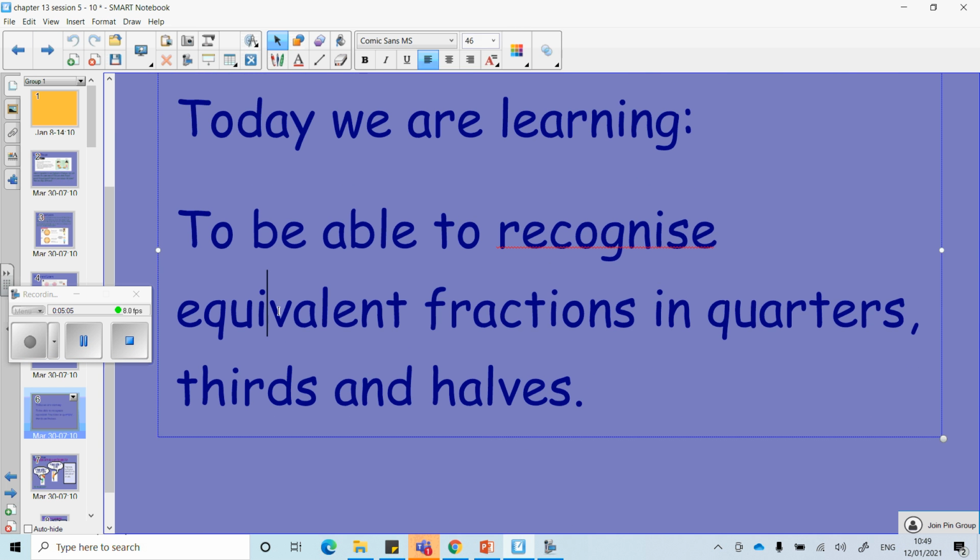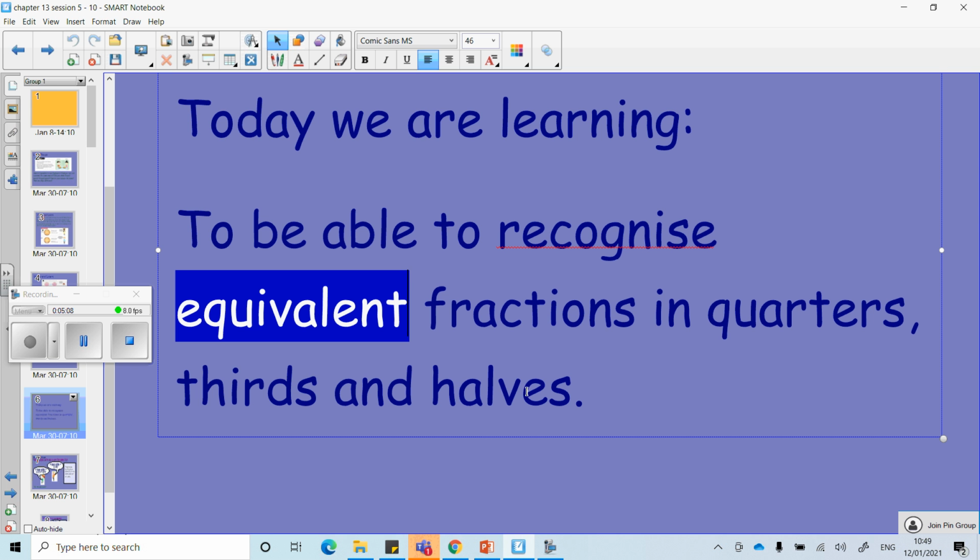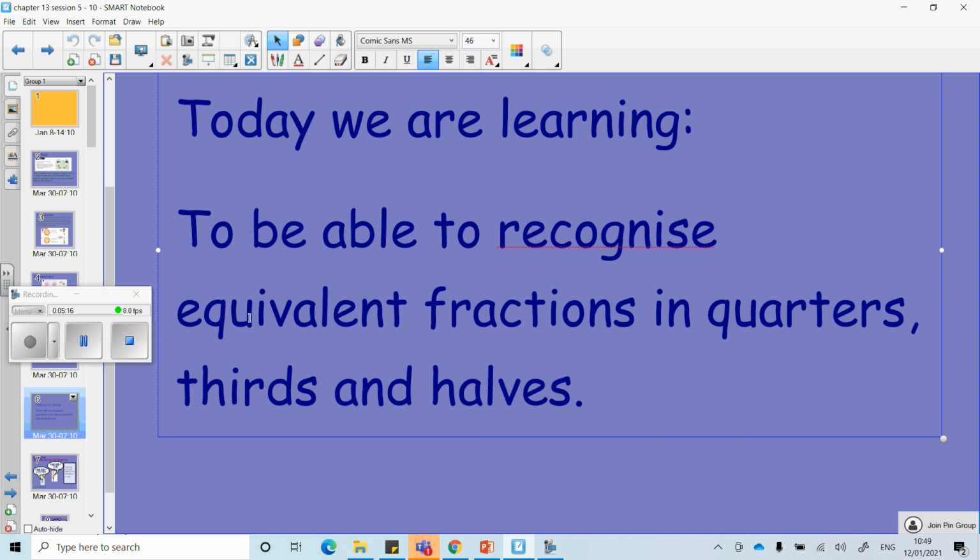So today you are learning to be able to recognize equivalent fractions. This word equivalent has another word hidden inside it. And that other word is equal. Look at that. A word hidden inside a word.